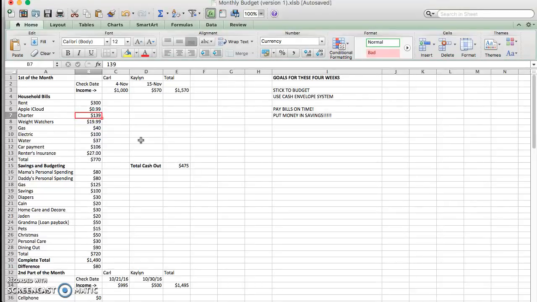That's why it's $139. I normally budget $165 for that, but it was only $138 and change this month. Our electric is $100 this month, and our water will be about $37. It's a little less than that, but it does charge me a $2.50 fee to pay online, so I had to factor that in. Our car payment is $106, and our renter's insurance is $27.